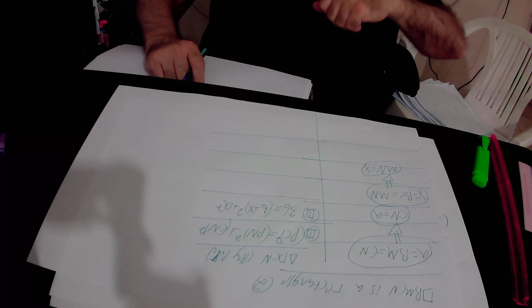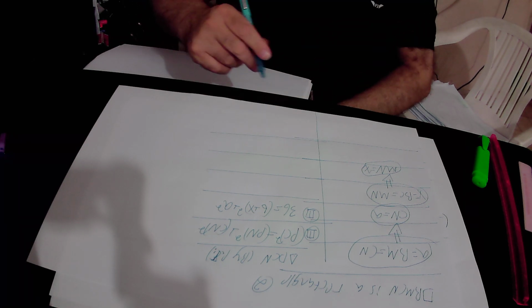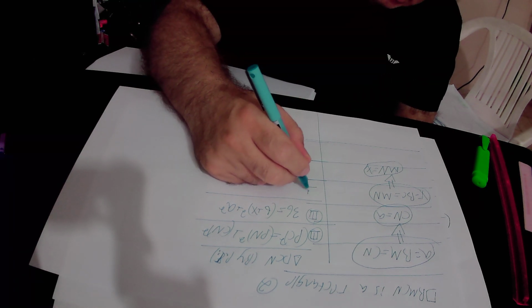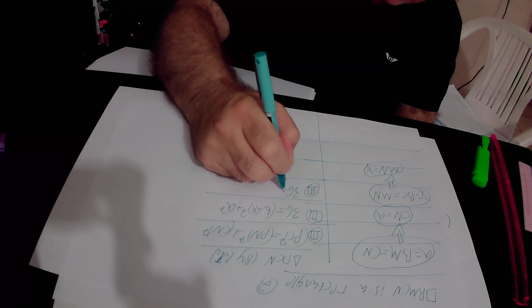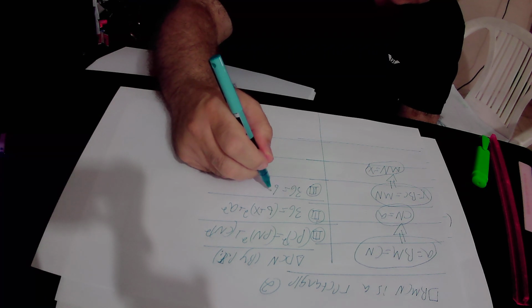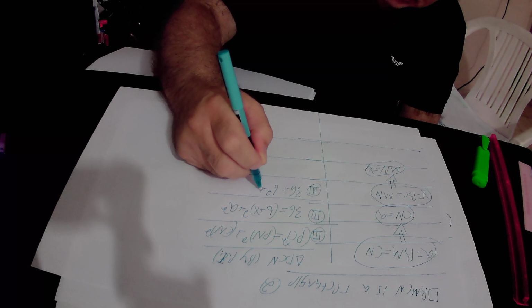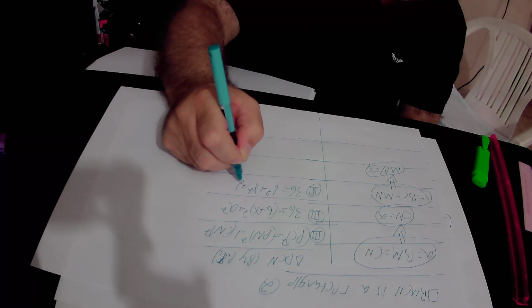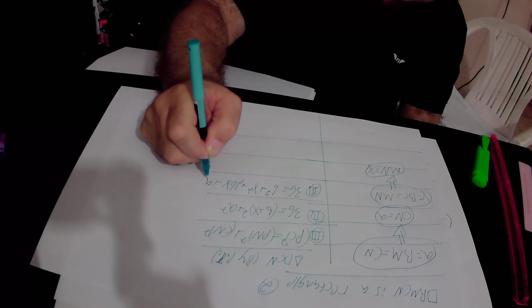Here we'll open the brackets on this side of equation number 3 and we'll get that 36 equals B square plus X square plus 2BX plus A square.